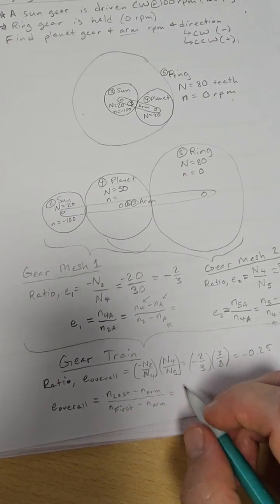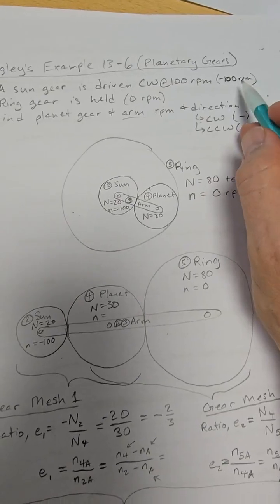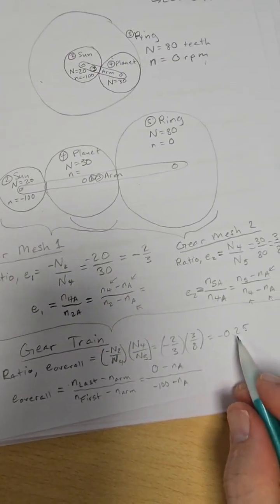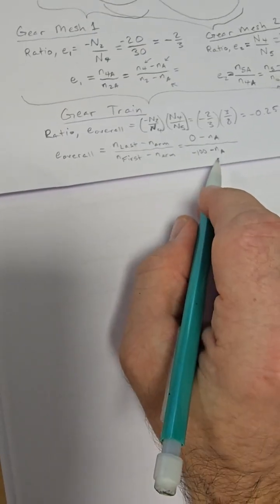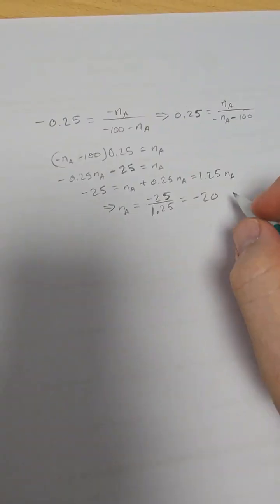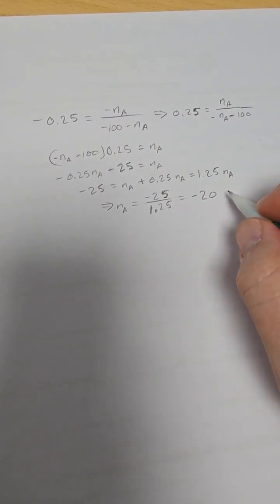Now, I know the RPM of the last gear is 0. I know the RPM of the first gear, negative 100. Then I know the overall ratio, negative 0.25. So now I can calculate the RPM of the arm. This is just algebra. So we get the arm RPM is negative 20 RPM.